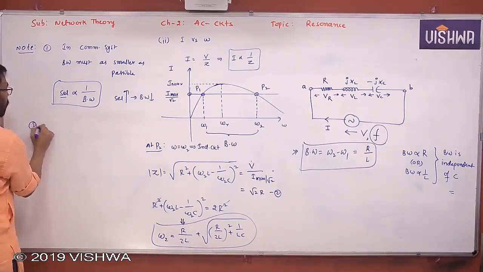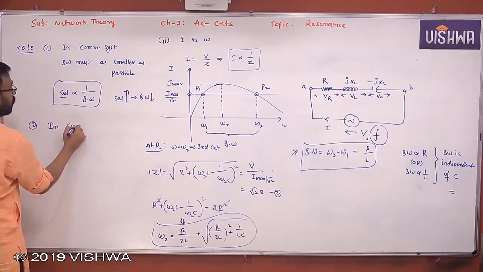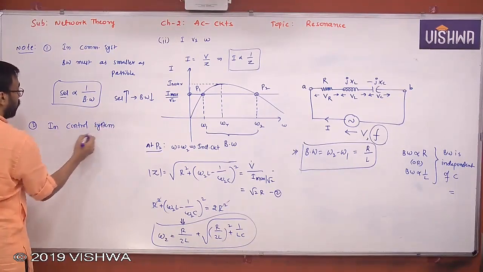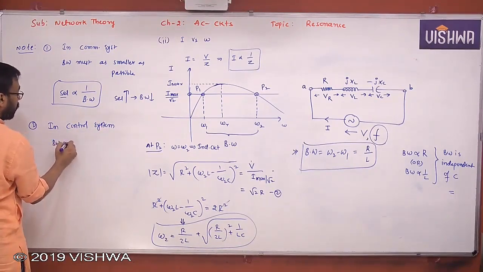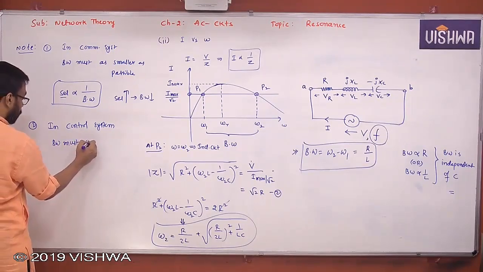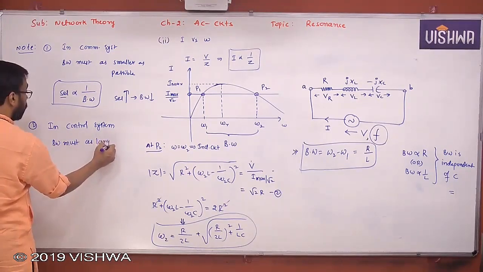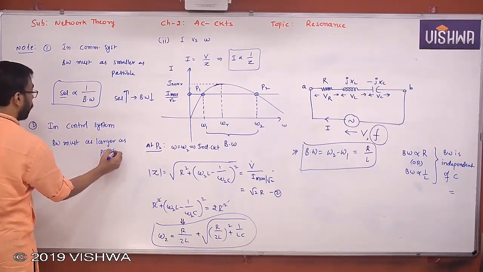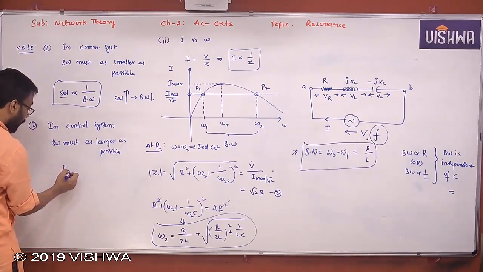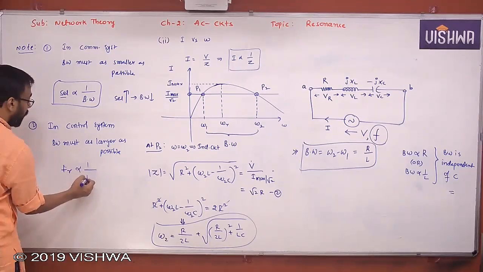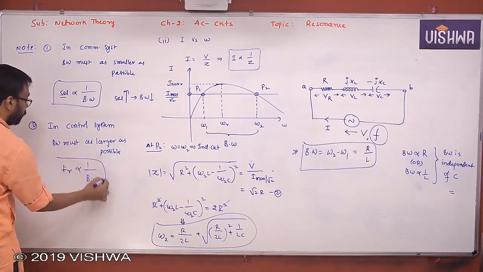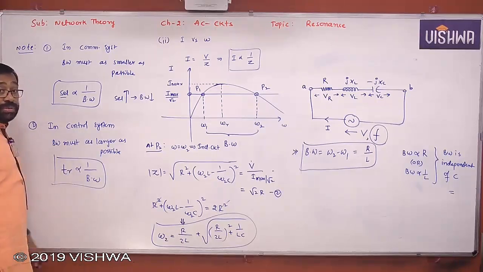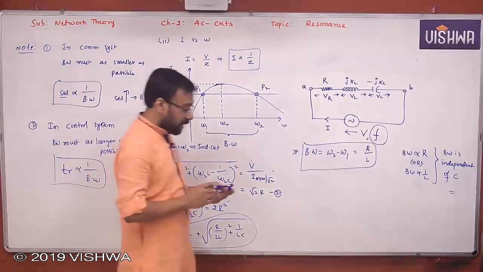But in control systems, very, very important point, bandwidth must be as large as possible. The reason is, the rise time is inversely proportional to bandwidth. Understand all of you? I hope you understand the point.